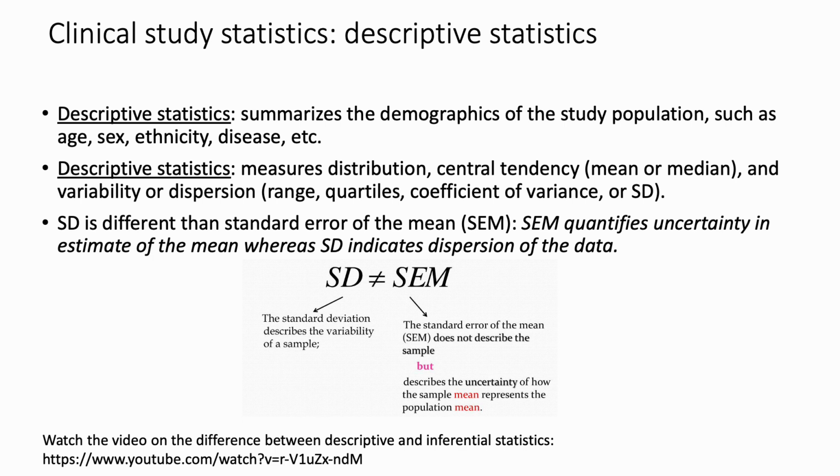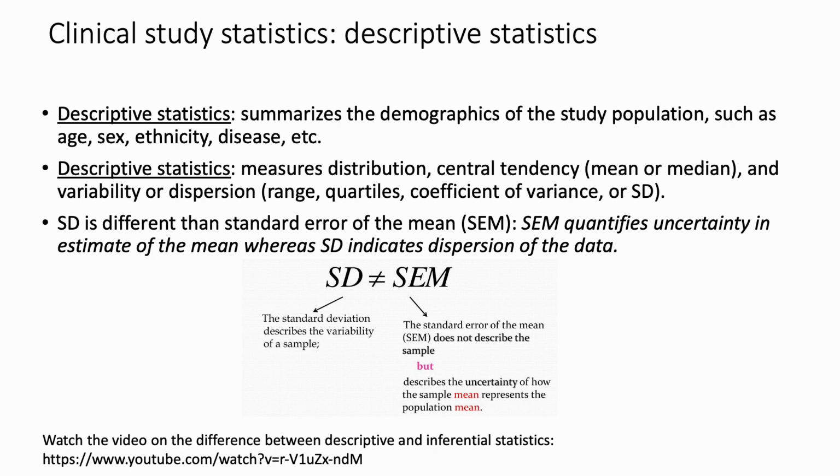Coming back to standard deviation, the SD is different from the standard error of the mean, which we write as SEM. SEM, or standard error of the mean, quantifies uncertainty in the estimate of the mean, whereas standard deviation indicates dispersion of the data.